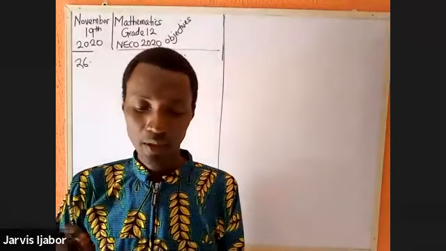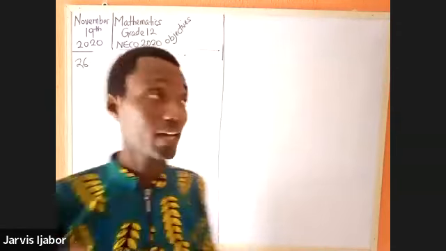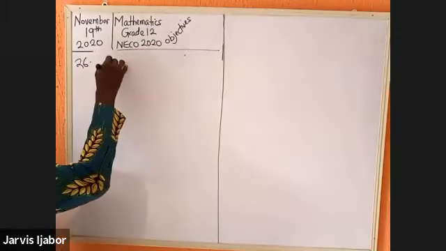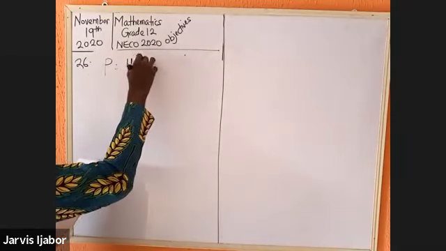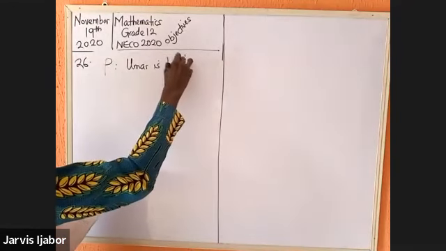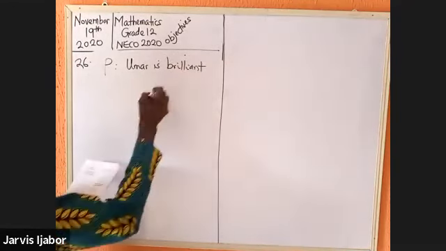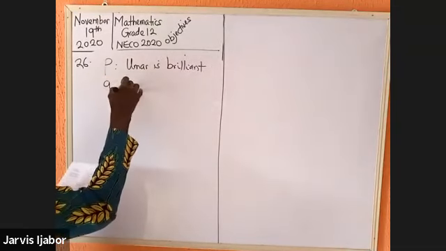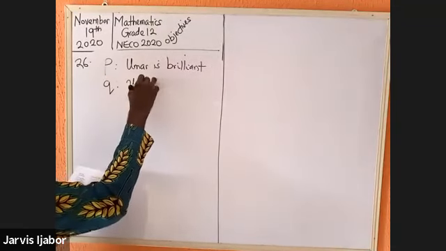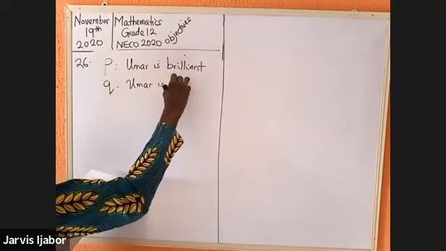Now, look at your question 26. Let P state that Uma is brilliant, and Q, Uma is hardworking.